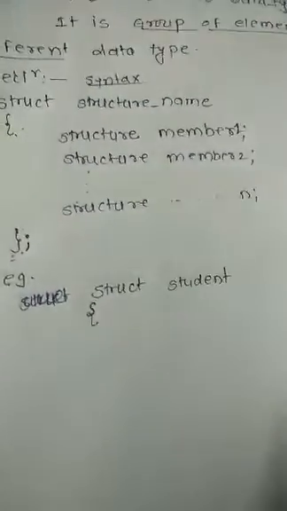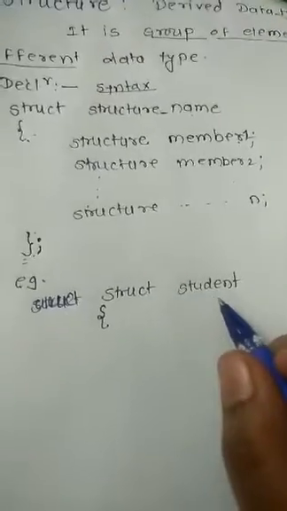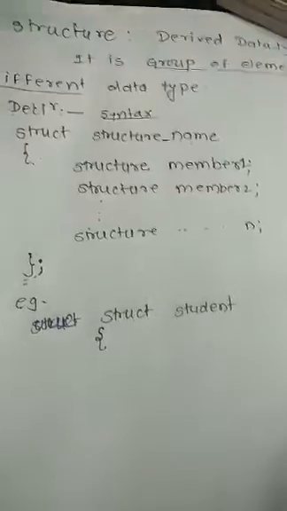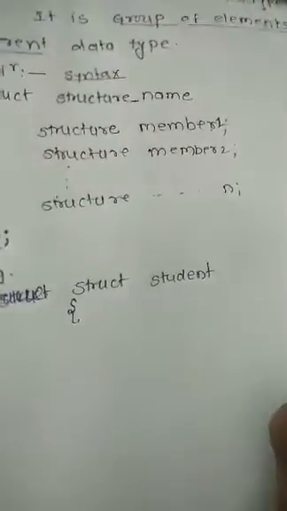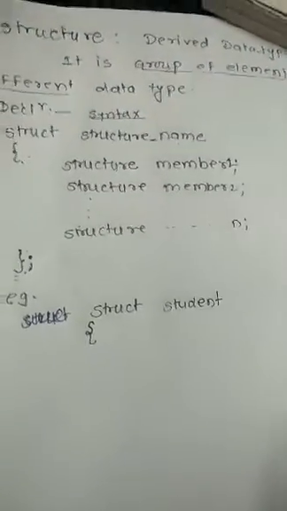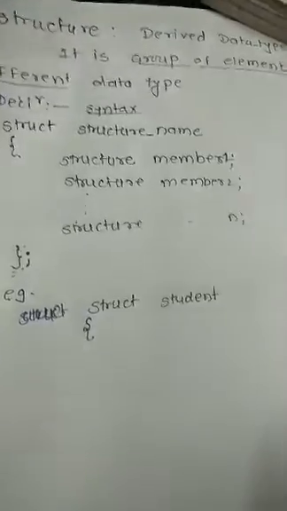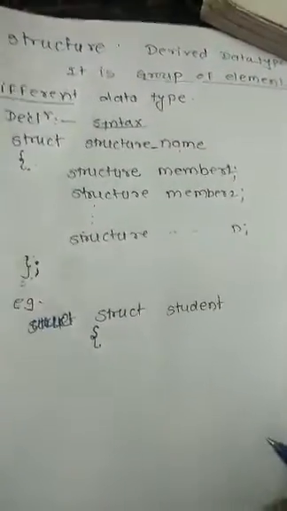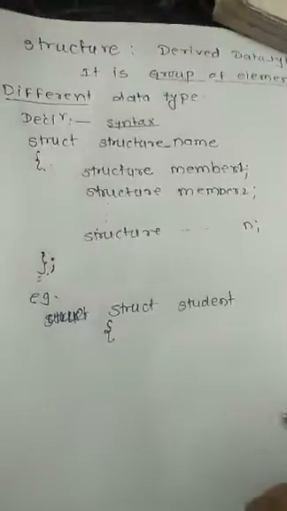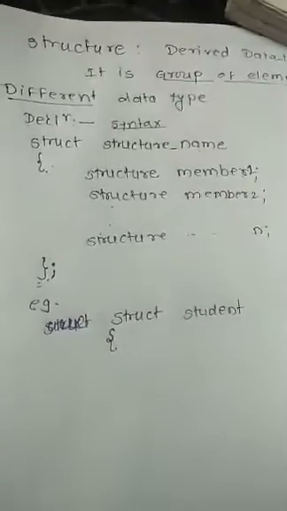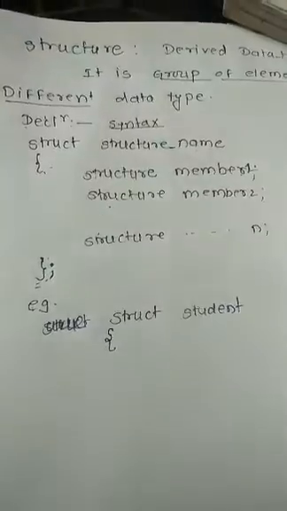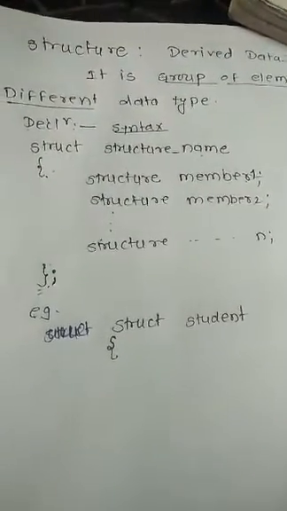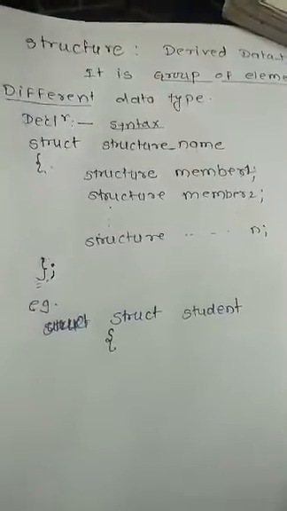So now what is our student data? Student data means students have a roll number, students have a name, students have marks. These are my student data. I want to declare them inside this structure. Is it possible? Yes, because the student roll number is an integer value, and the student name is a group of characters.